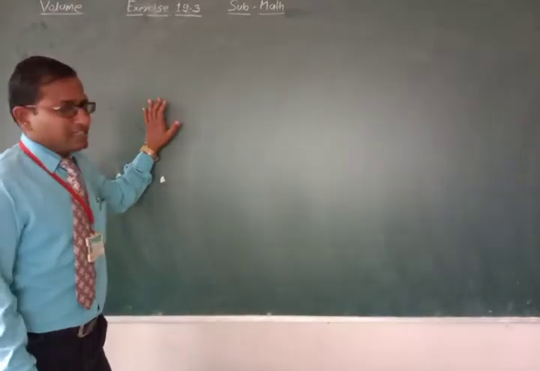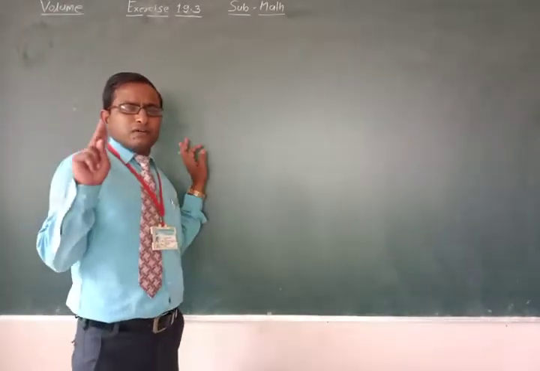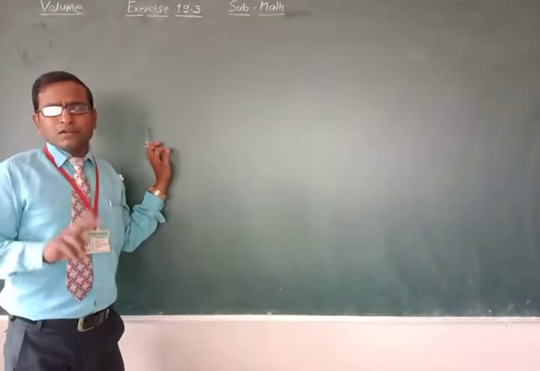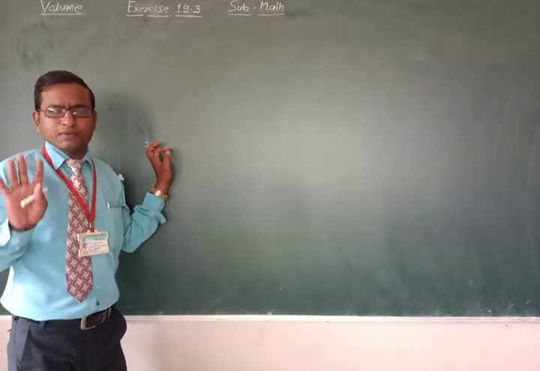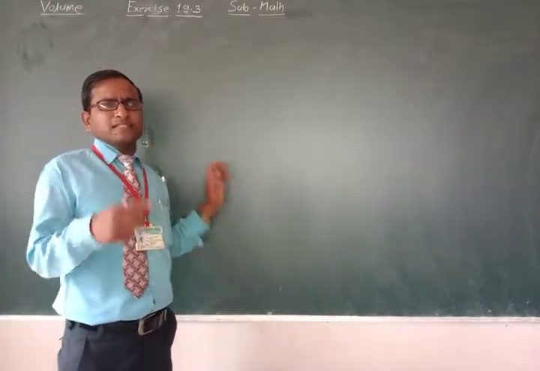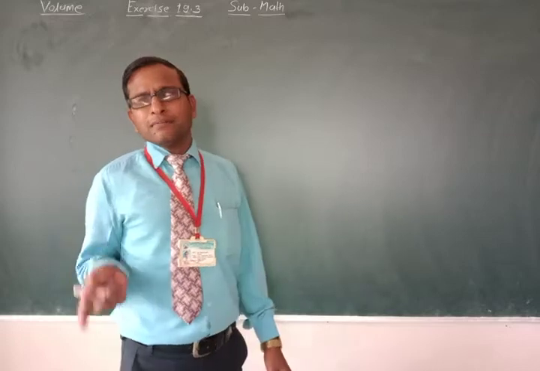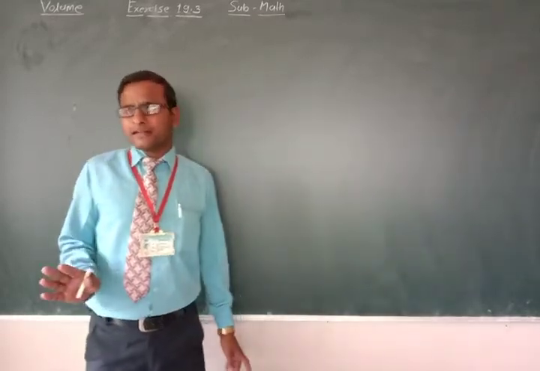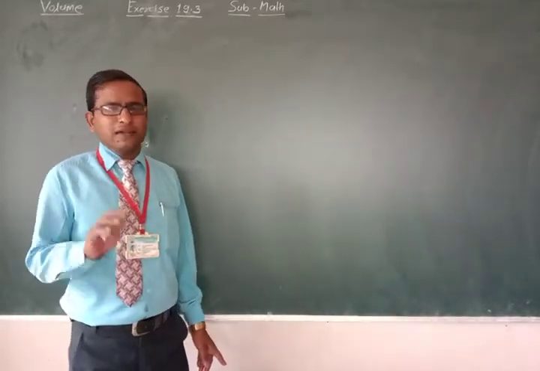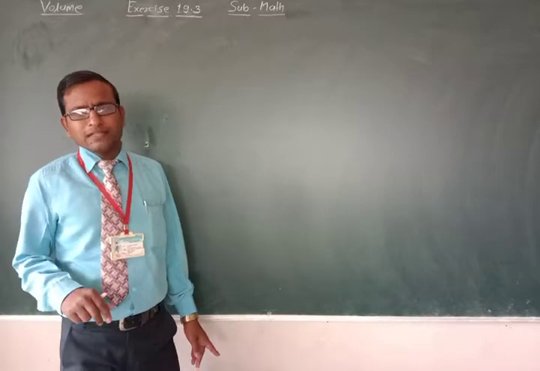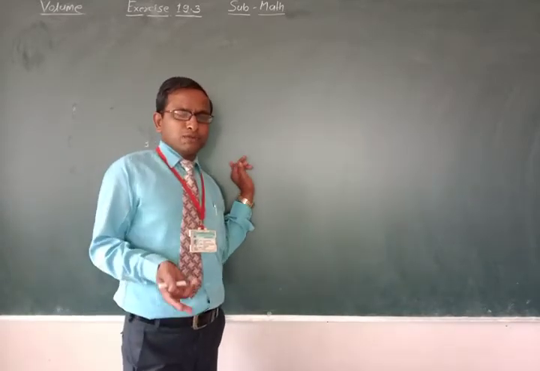So in this lesson you remember only two formulas, volume of cuboid and volume of cube. Volume of cuboid is equal to length multiplied by breadth multiplied by height. By using this formula you find the volume of cuboid. Then you find the volume of cube.